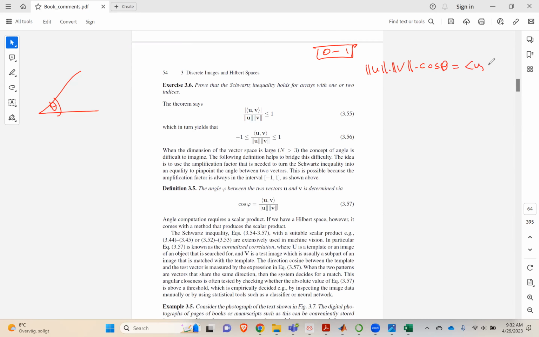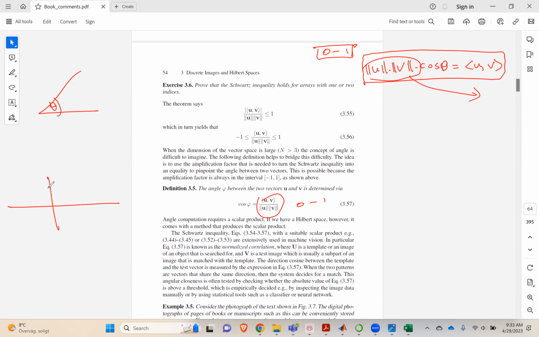They also taught this in the math course. This is the same thing actually. They took this part and put it down. And this value always varies from 0 to 1. You know the cos values. If you make a graph, cos starts from here like this. So cos 0 is 1, and cos 90 is 0.